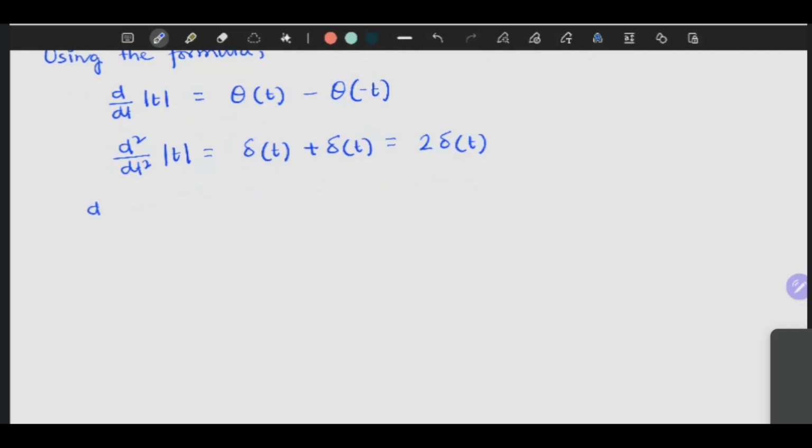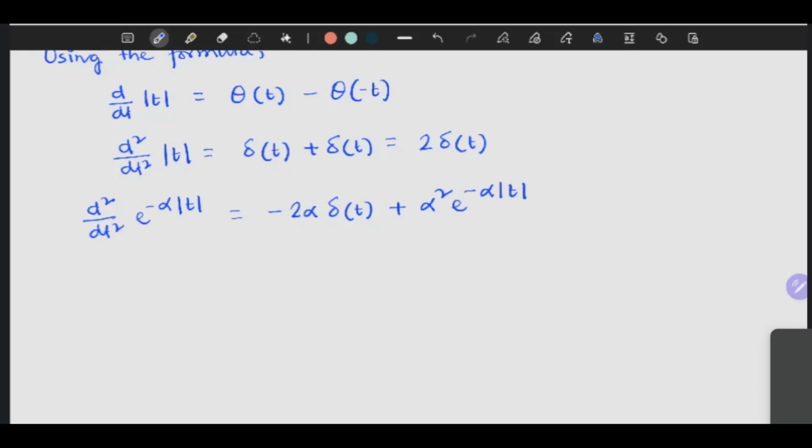And d2 dt2 of e to the power minus alpha mod t is equal to minus 2 alpha delta t plus alpha square e to the power minus alpha mod t.